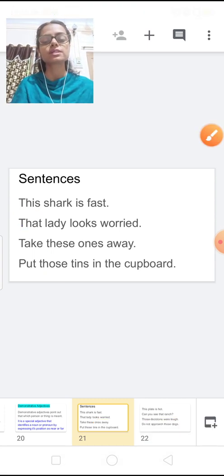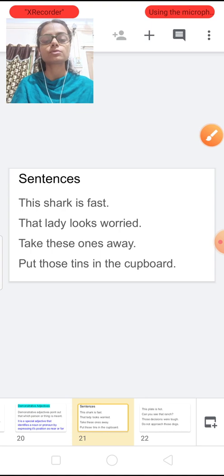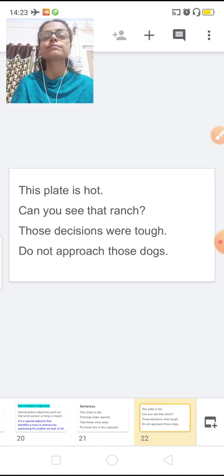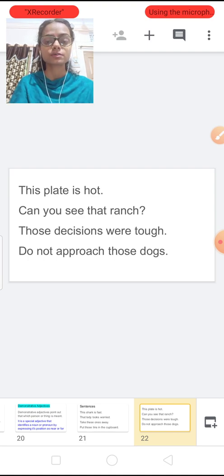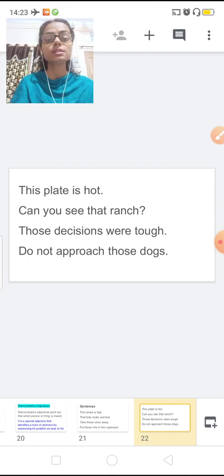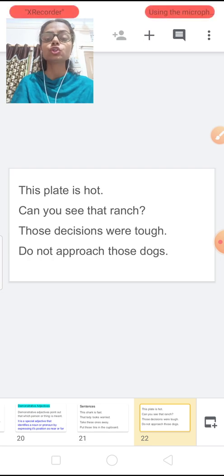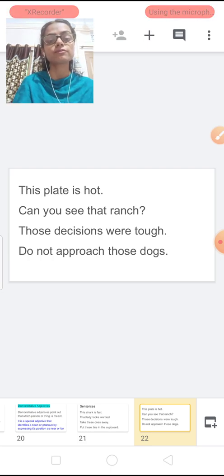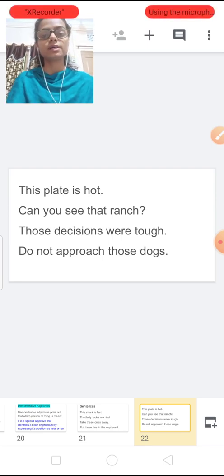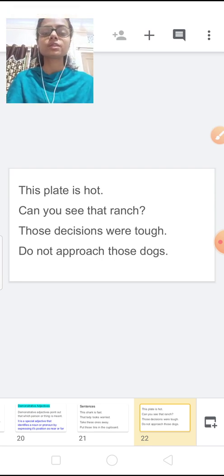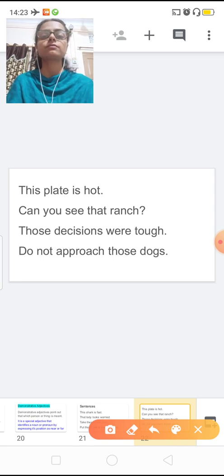Okay, I am going to show you a few more examples. Now here are the examples. This plate is hot. Can you see that ranch? Those decisions were tough. Do not approach those dogs. Now underline the demonstrative adjective.